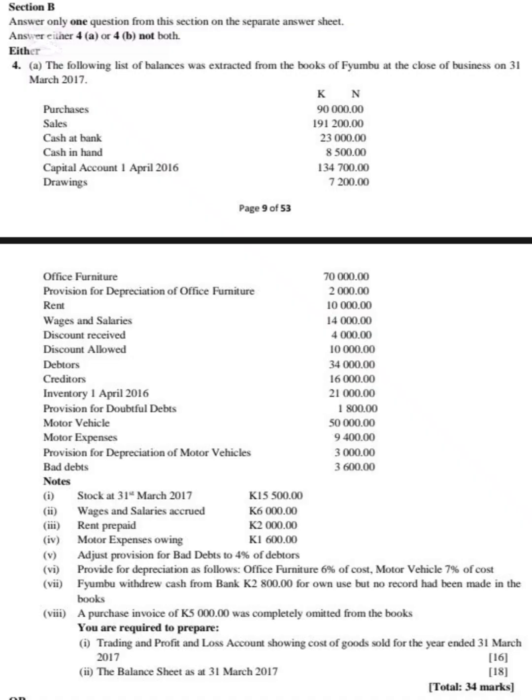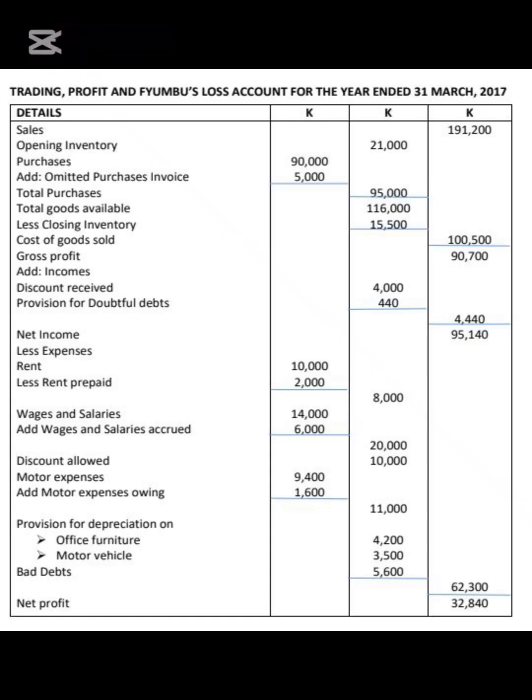So since there is a reduction in the provision, that difference between that reduction, we'll put it under the incomes. If there was an increase in provision, that difference we'll put it under the expenses. So take note of that. So under the incomes, we have provision for doubtful debts, 440. That difference, I hope you have understood on that one.